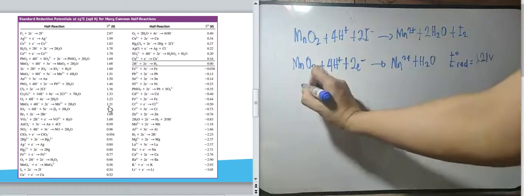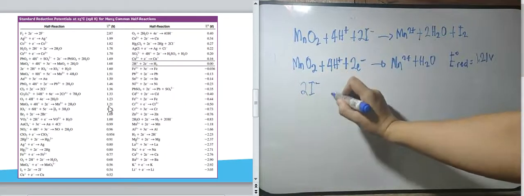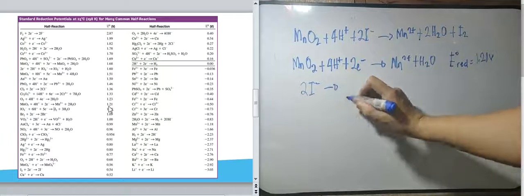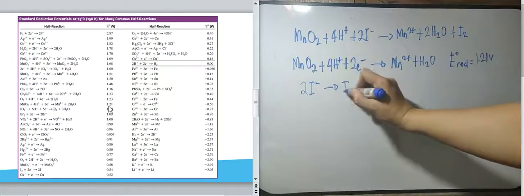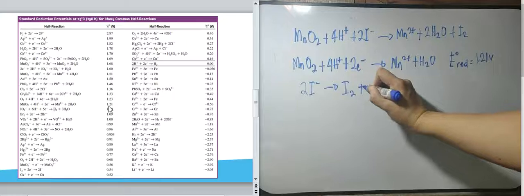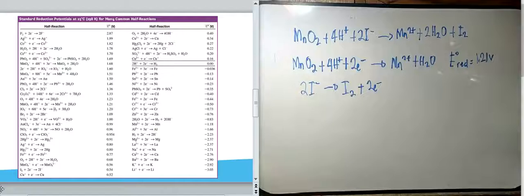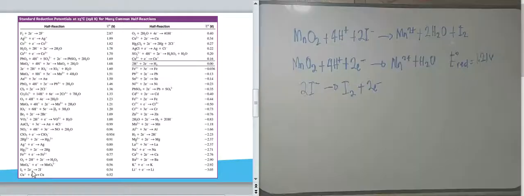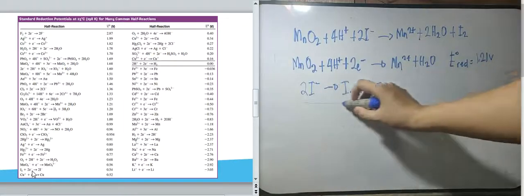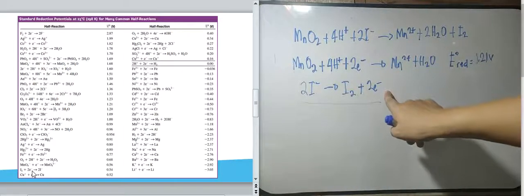And the other one is 2I negative yielding I2 plus 2 electrons. Where is it? In the table. So, I2, let's try this one. We see that what is in the table is I2 plus 2 electrons. Why? Because this one is for reduction, and based on our reaction here, it is actually oxidation.